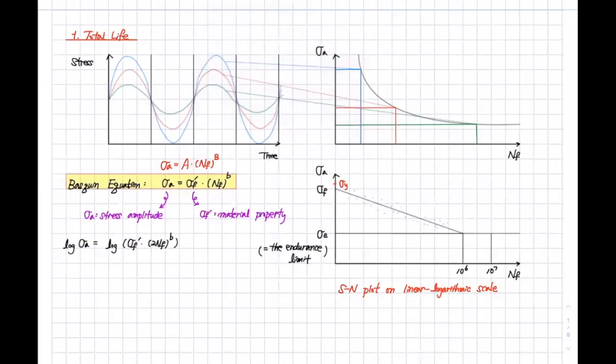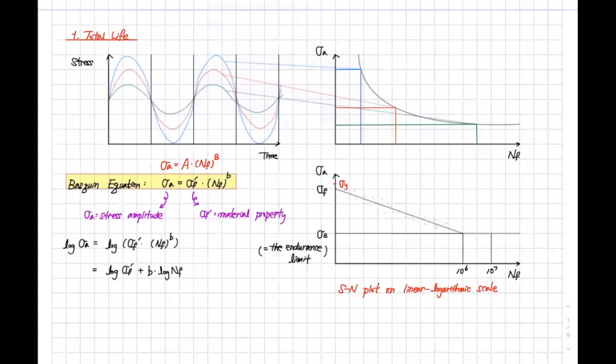So now it is not 2 times, it's just the number of cycles. So this is right. And then if you take the log here, it's going to be log sigma F prime plus b times log cycles. I think you know that, right?